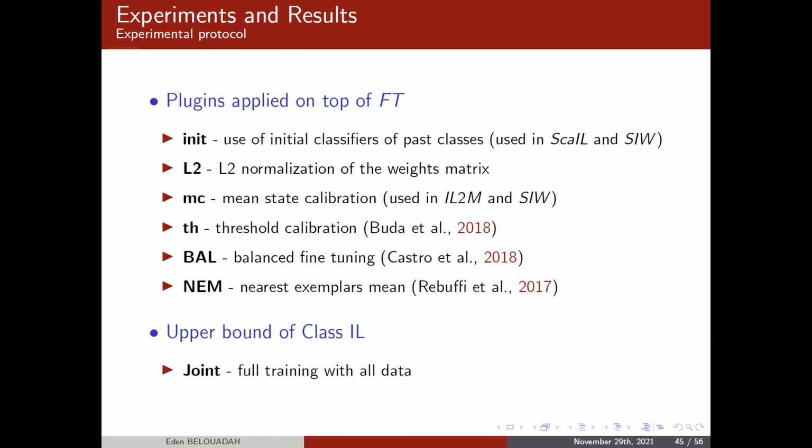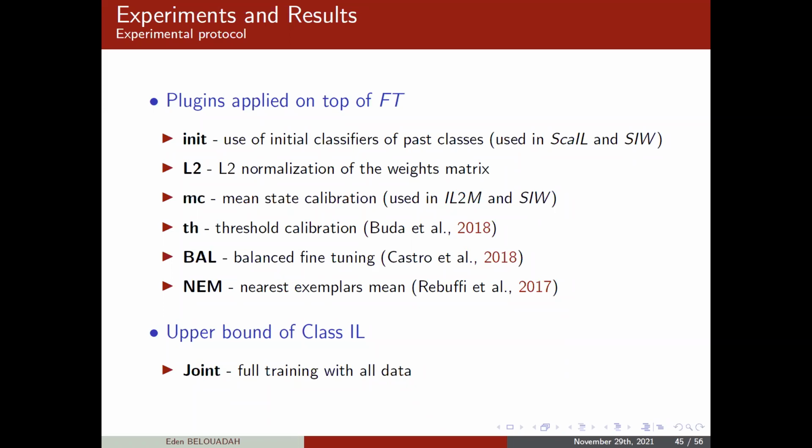We apply some simple plugins on top of fine-tuning to test the robustness of this method against the distillation loss. We have INIT, when we use the initial classifier weights of past classes in the same way we did in SCALE and SIW. L2 is when we use normalization of the weights matrix. MC is the mean state calibration that we used in IL2M and SIW. TH is the threshold calibration layer from our FTTH method.